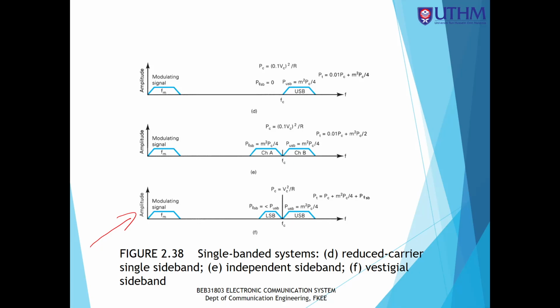But now in the vestigial sideband, both sidebands consume different values of power. The upper sideband, PUSB, carries the video signal, whereas the lower sideband, PLSB, carries the audio signal. So you see that the power of the lower sideband is less than the power of the upper sideband.